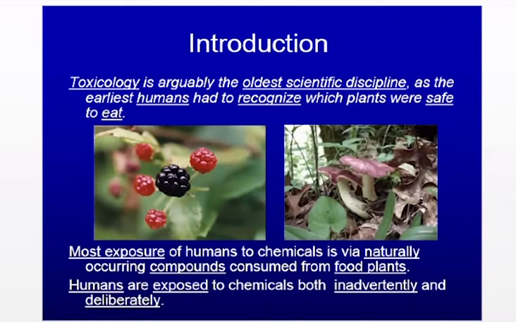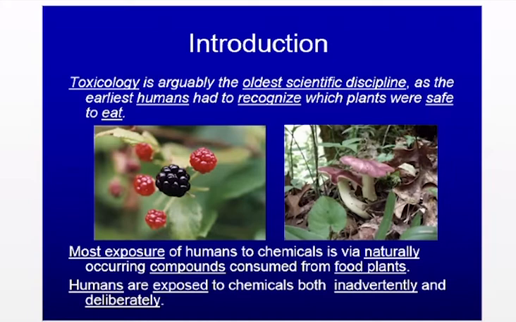So most exposure of humans to chemicals is via naturally occurring compounds consumed from the food plants. So in terms of food plants, you've heard of people getting intoxicated from eating mushrooms. So you can see a picture of a mushroom there, but people of the old, early enough, they were able to distinguish the poisonous mushroom from non-poisonous mushrooms.